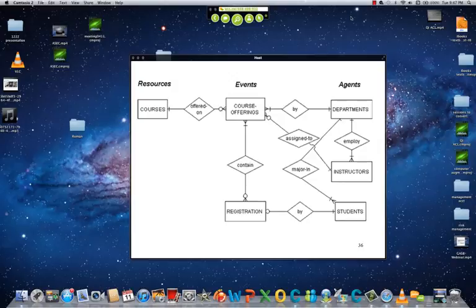A student can be associated with either 0 or 1 registration, so he may or may not be registered. If he's registered, he can have only one registration. Does it make business sense or not?